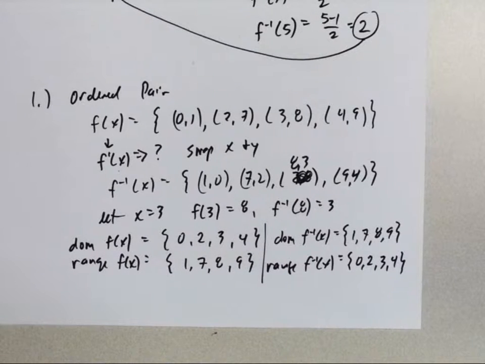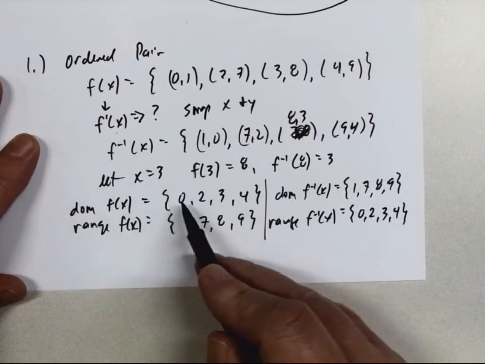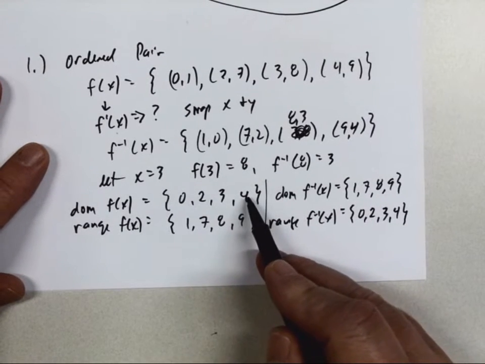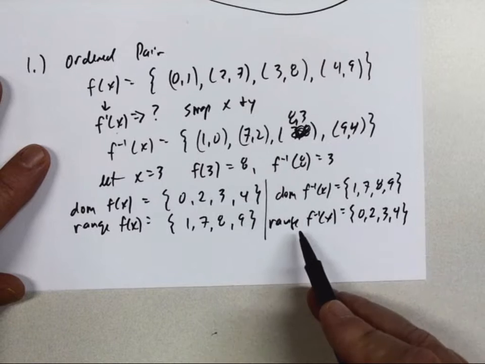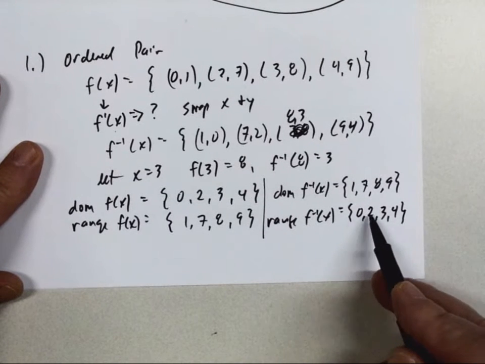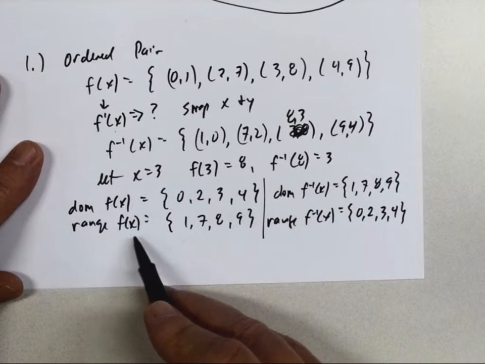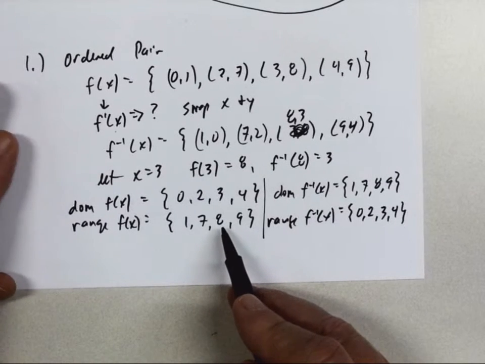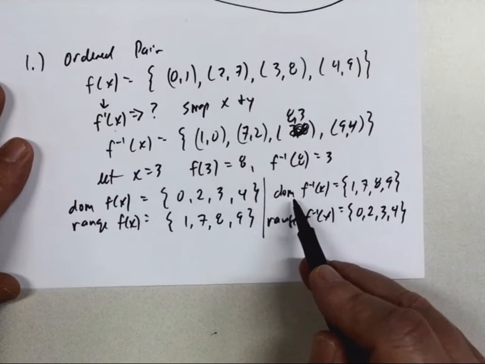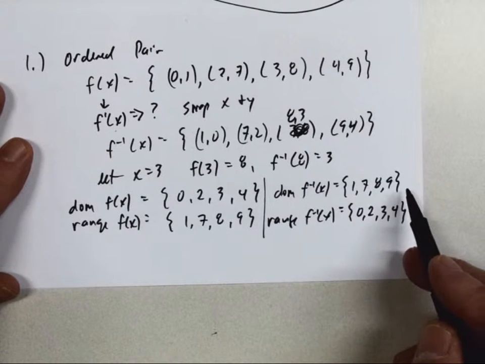But if I look closely, here's the domain of the function: 0, 2, 3, 4. If I go over here, look at the range of the inverse: 0, 2, 3, 4. In fact, the range of the function is 1, 7, 8, 9. Look at the domain of the inverse: 1, 7, 8, 9.